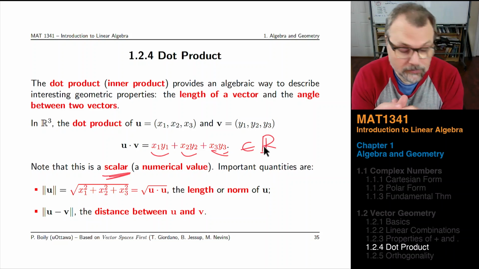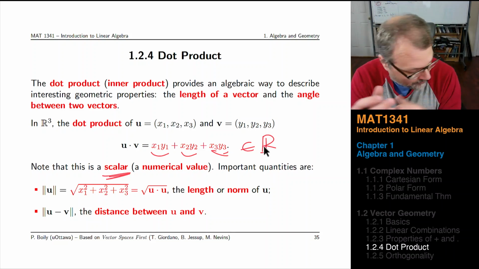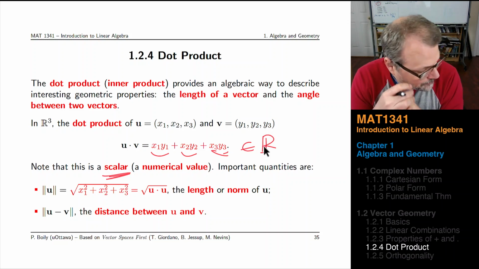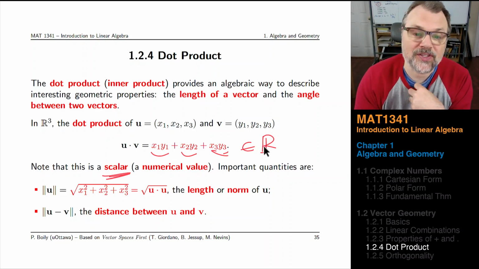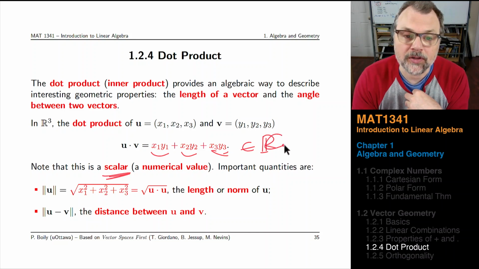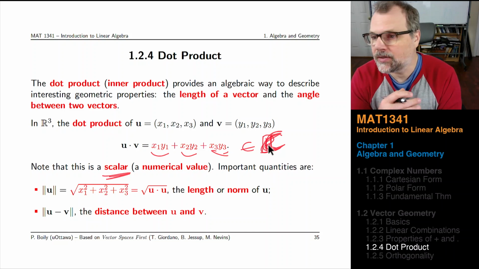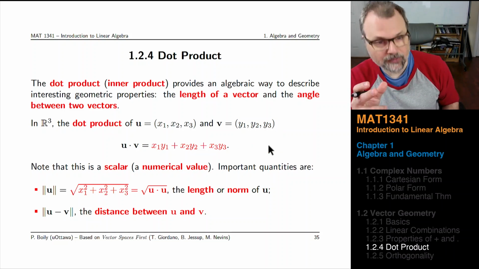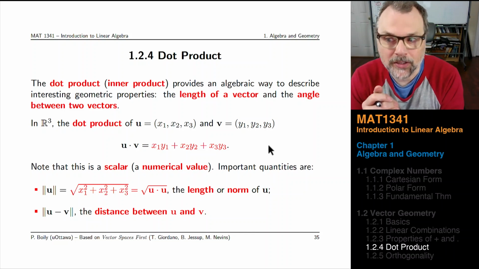Later on, not in this course, but in more advanced courses, you'll see that it makes more sense to define these where the scalars are not the real numbers, but the complex numbers. But in our course, that's not going to be the case. In our course, the inner product, the dot product of vectors, is always a real number.